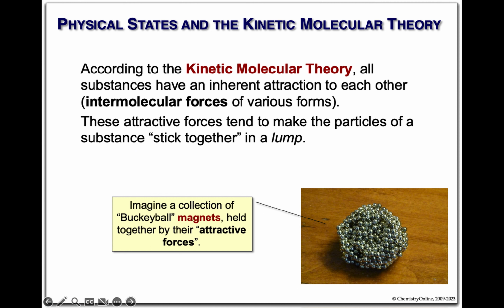Think of buckyballs. Remember those? Buckyballs were little magnets. Actually, you can buy them again. They were taken off the market because little kids thought they were so neat. They ate them, and of course, messed up their insides, killed some kids even. Think of the magnetism as the attractive force. This would represent a solid.